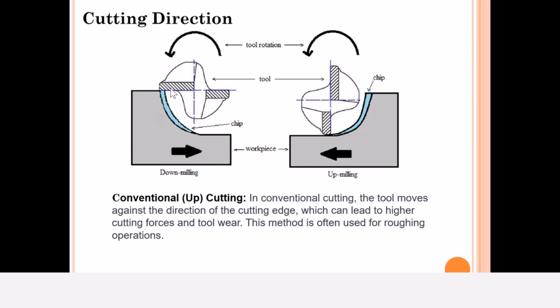While we are using down milling, we try to force our workpiece onto our CNC table. But with that approach, we try to move the workpiece away from our CNC table. So that is the big difference between down milling and up milling.